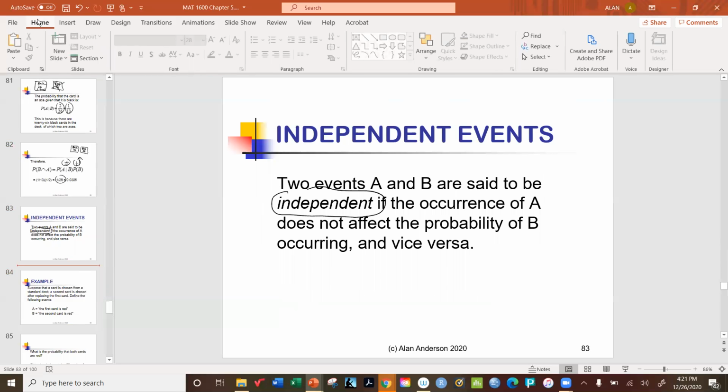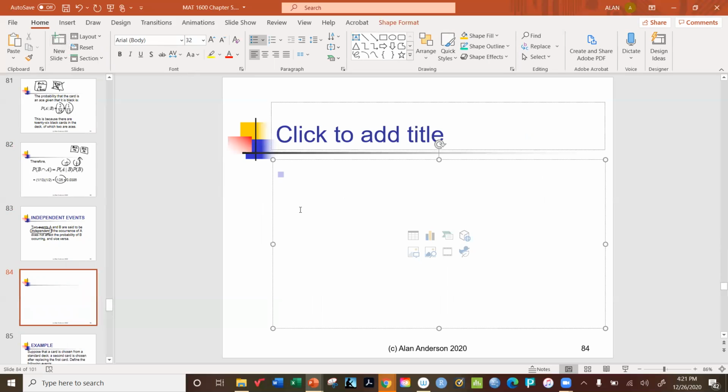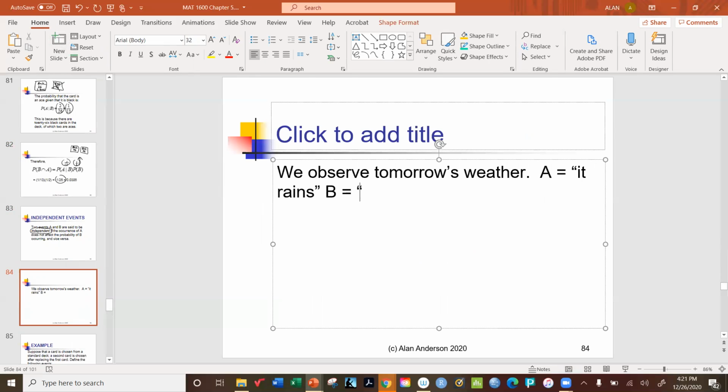For example, what if we had something like this? We observe tomorrow's weather. This is our random experiment. A would be the event that it rains, and B is the event that it is between 50 and 60 degrees. Now, I'm not a meteorologist, but I'm pretty confident that these two are not going to affect each other.